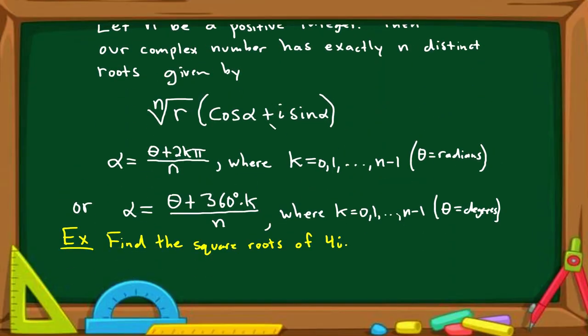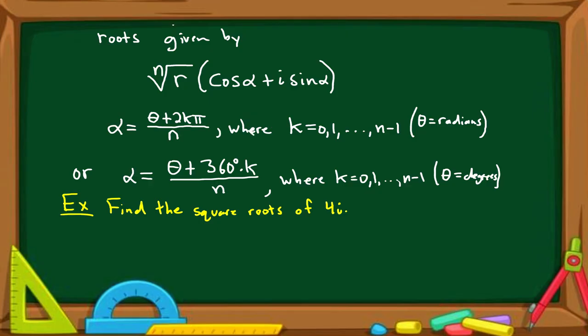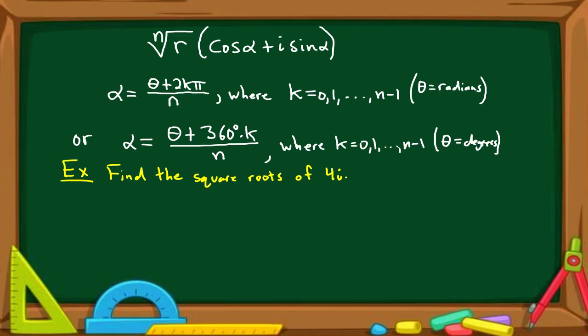You'll notice that in this formula up here, the complex number was written in polar form, so a good first step would be to write 4i in polar form, which is also called trig form. There's a couple different ways to do this.